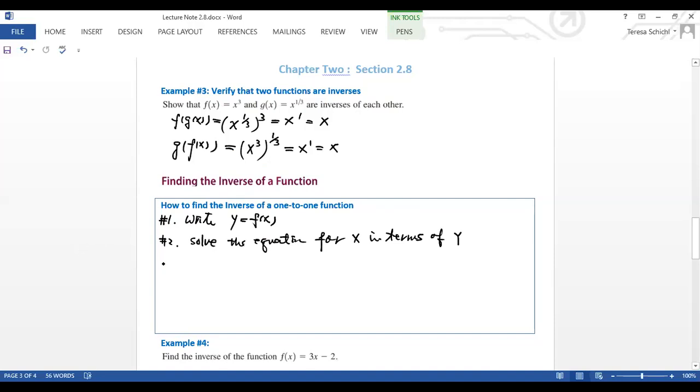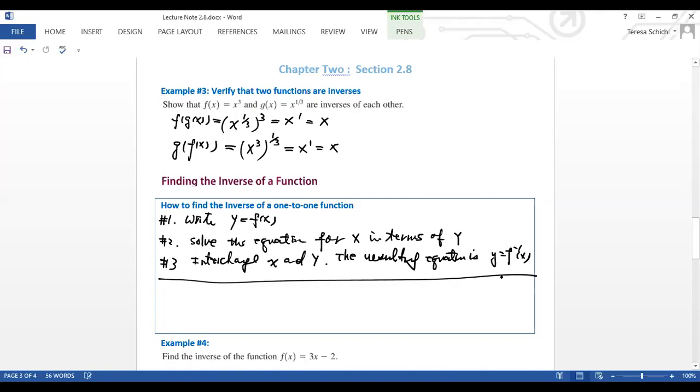And then number 3, we interchange x and y. So the resulting equation is y equal to f inverse of x. Okay, so this is the one.